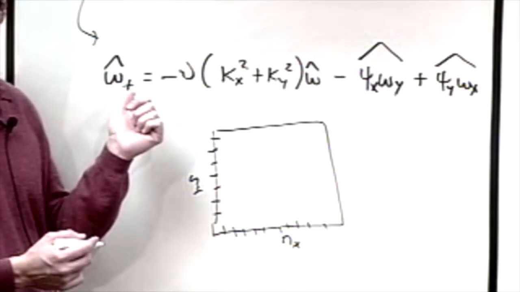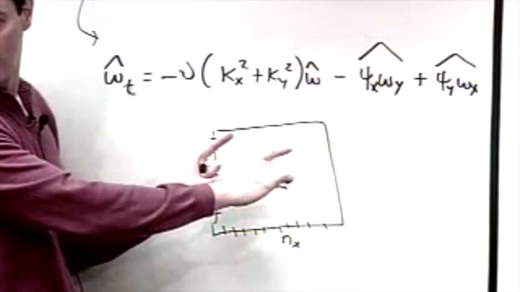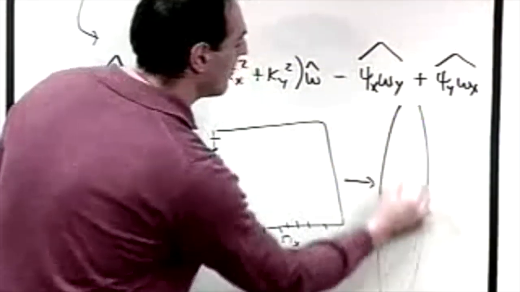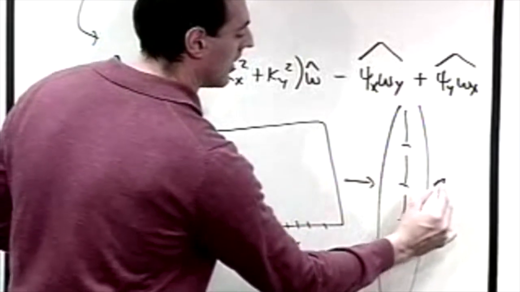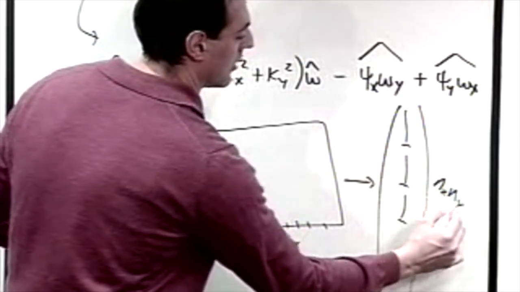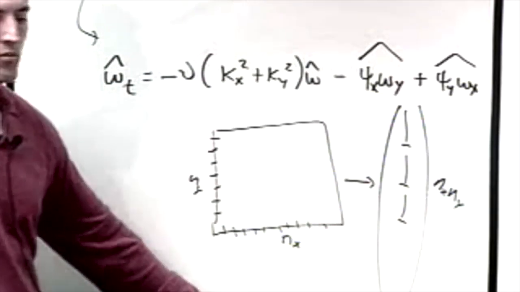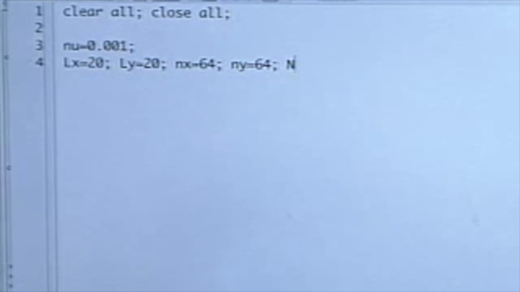So we're going to reshape this. Omega is all these points on here, but when we send it to ODE45, we have to reshape it by stacking them up. This vector is of length n of x times n of y. That's the length of it, and I call that variable big N, which is n of x times n of y.